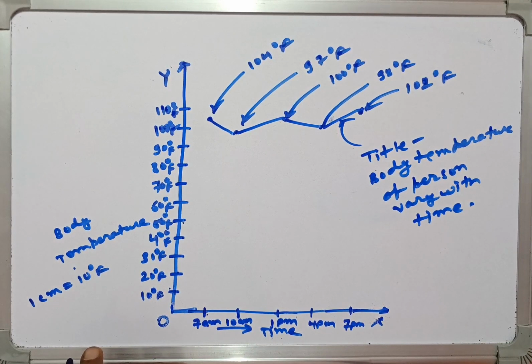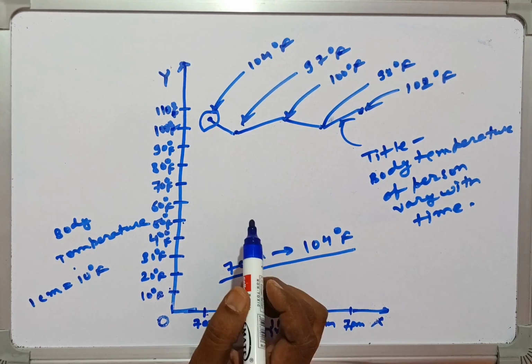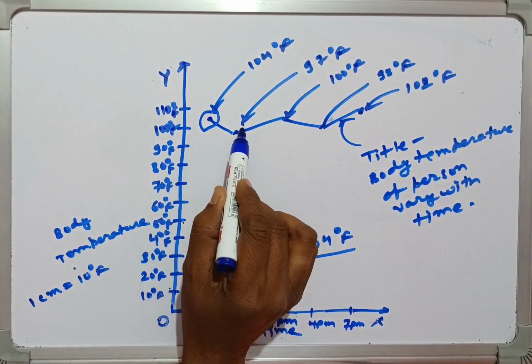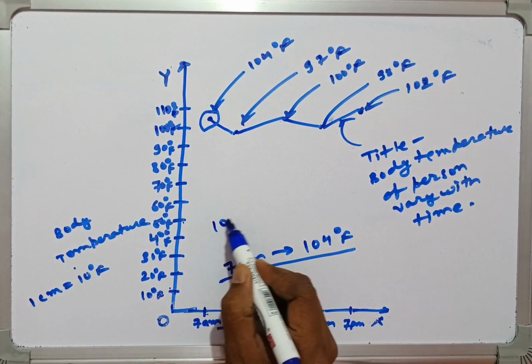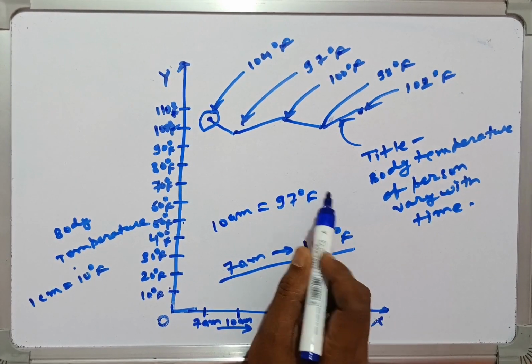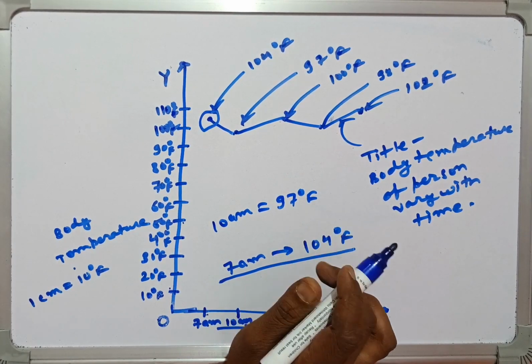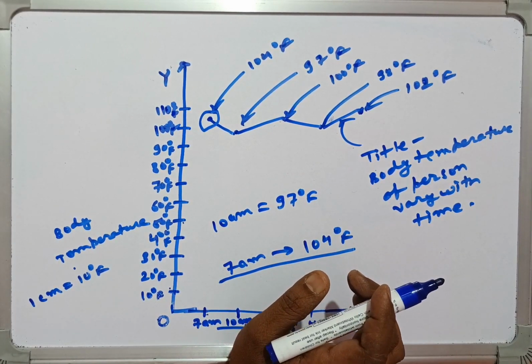Suppose somebody asks you, by seeing this graph tell me at what time his temperature went minimum. You can say at 10 am his temperature is 97 degree, which is the minimum one. There are so many questions that can be asked to you.